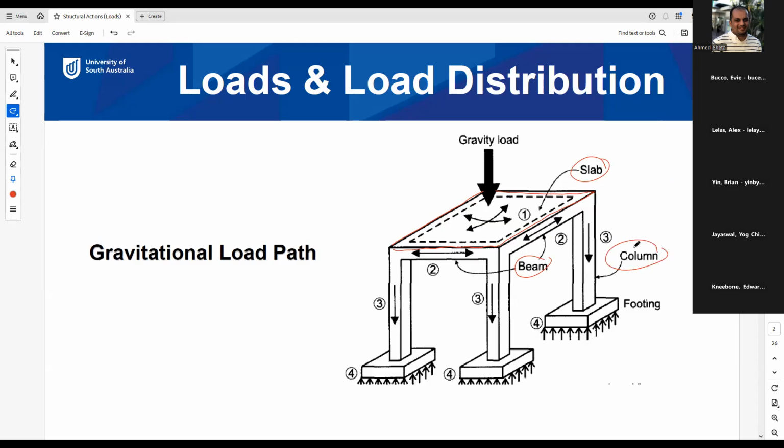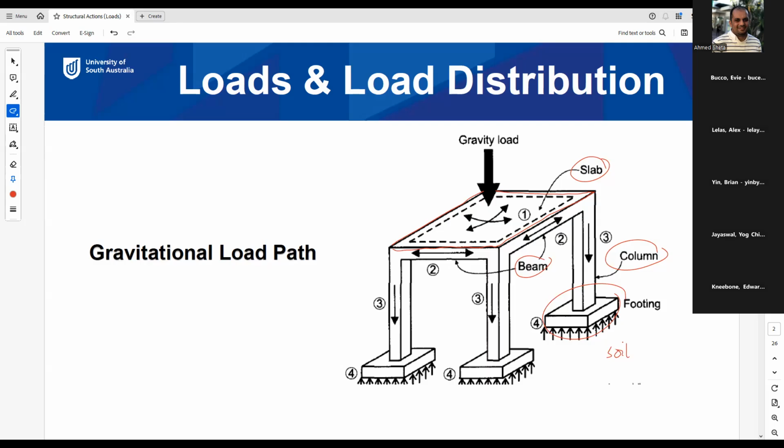So we have slab, beam, column, and at the bottom we have footing, and then all this is resting on soil. So how does the load transfer through the building until reaching the soil?